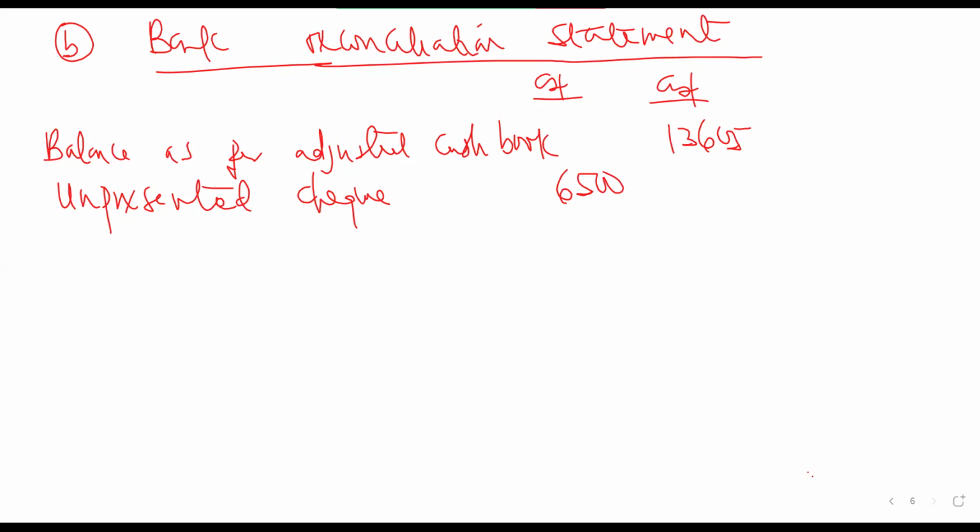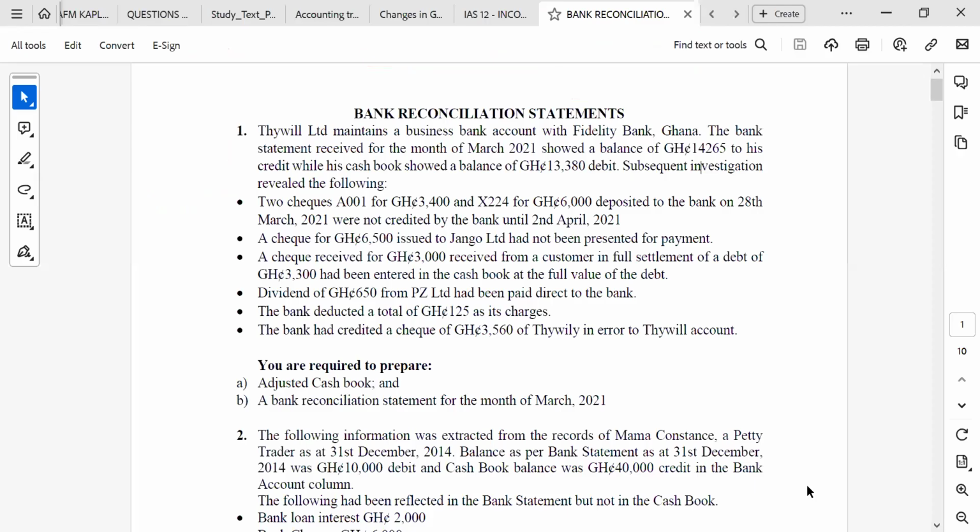All right, let's come to this one, the last one. The bank had credited a check of 3560 of Dawili in error to Dawili accounts. So what is the effect of the 3560 on our bank statement? Is it increasing or reducing? It's increasing. Has the increase been captured in our cash book?